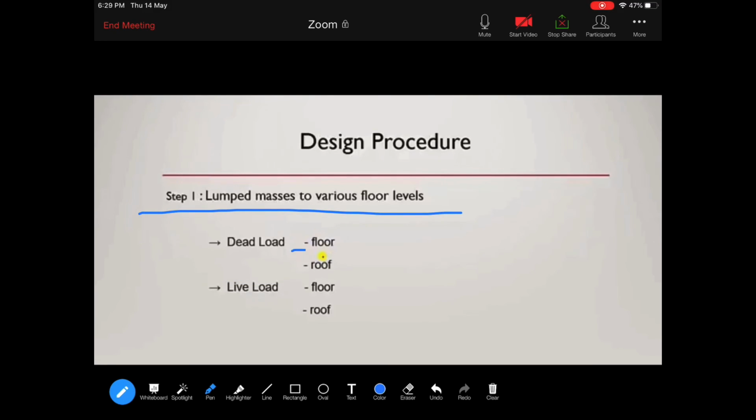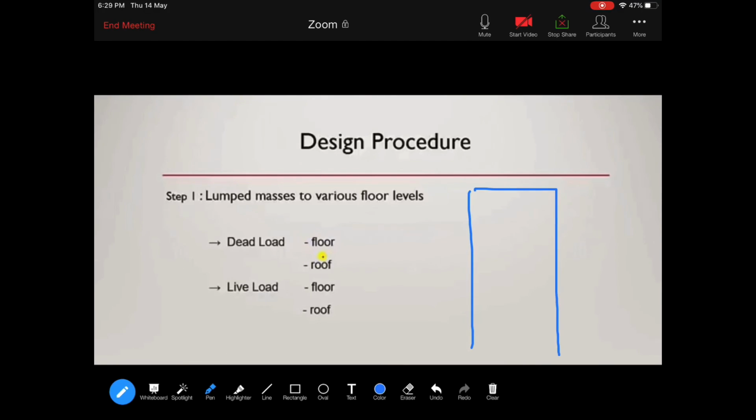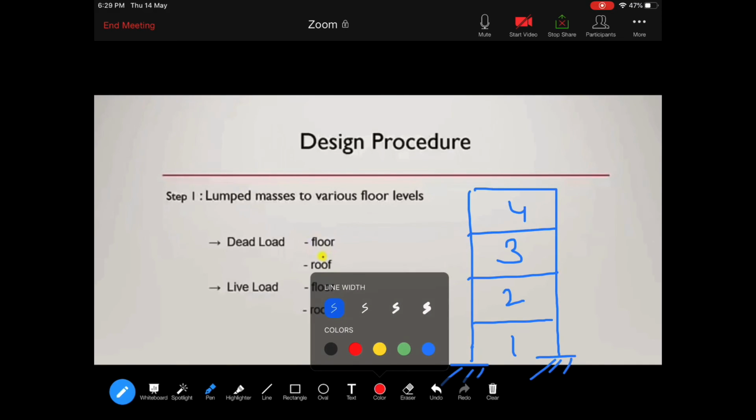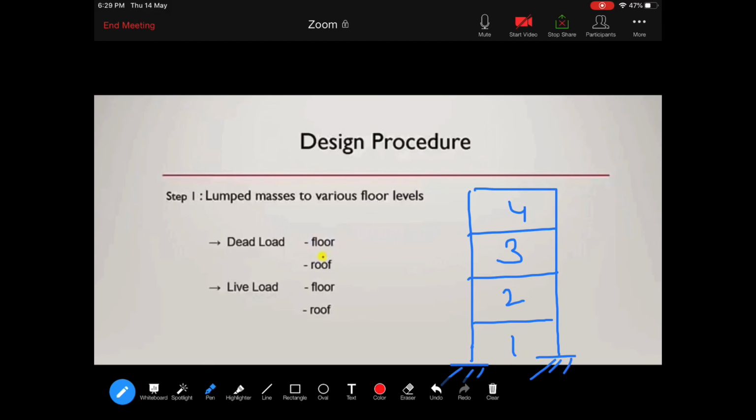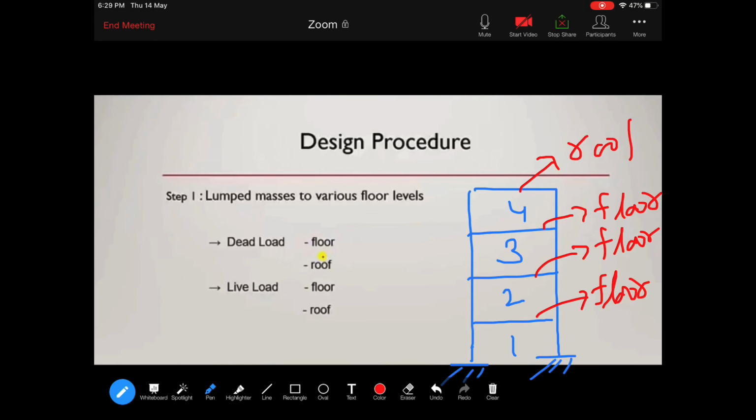This is step first, lumped masses of various floor levels. So see here, this is our structure, the base, and these are stories like 1, 2, 3, 4. This is first floor, second floor and third floor, and top one is known as roof.